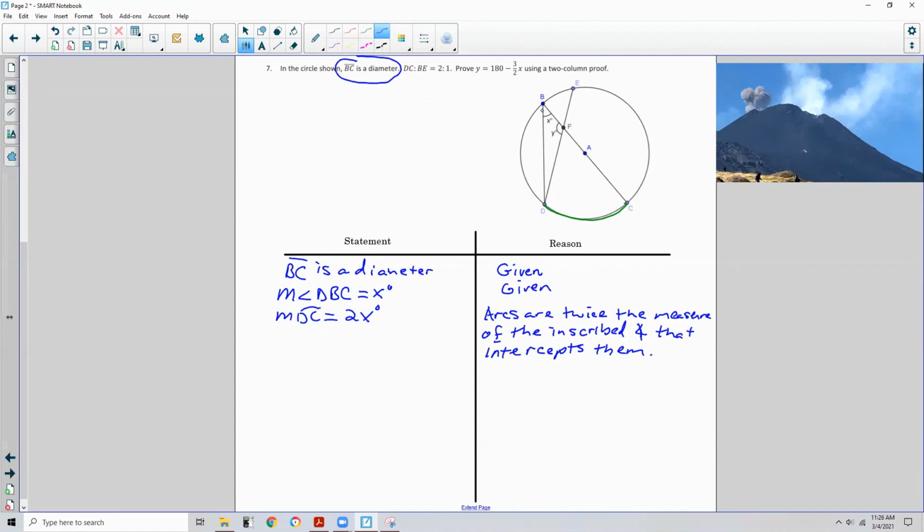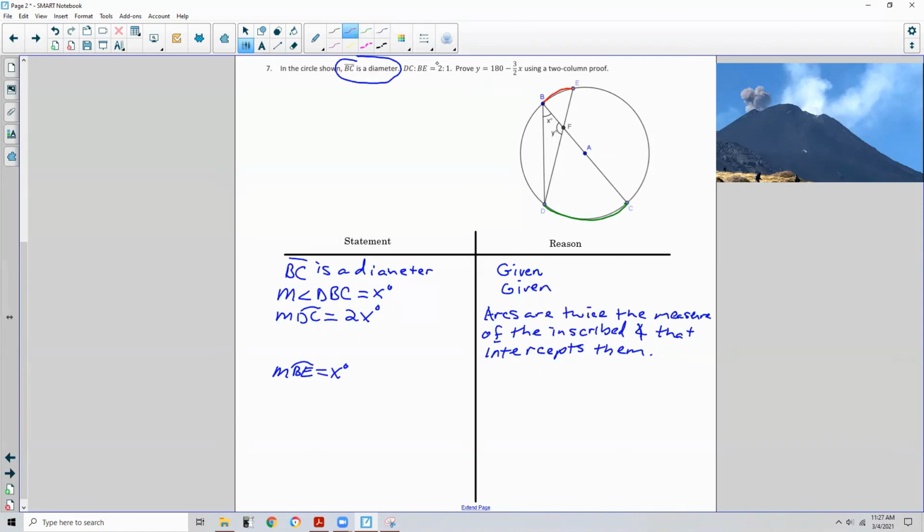So as you can see, angle DBC is X degrees, and that is what is cutting this arc DC or intercepting it. And then we would say the measure of arc BE equals X degrees. And why can I say that?